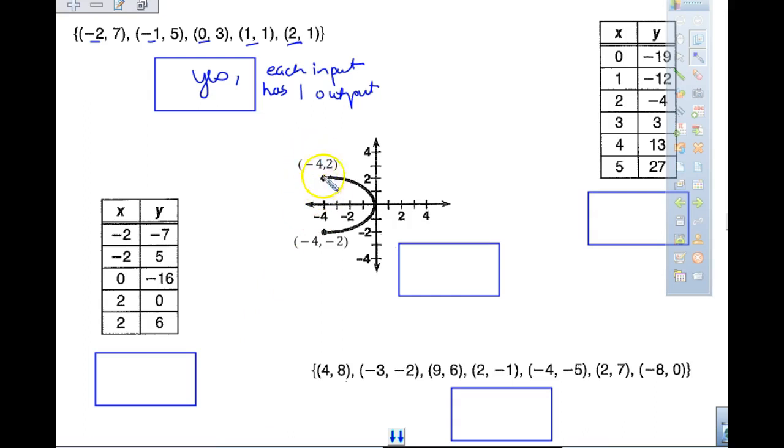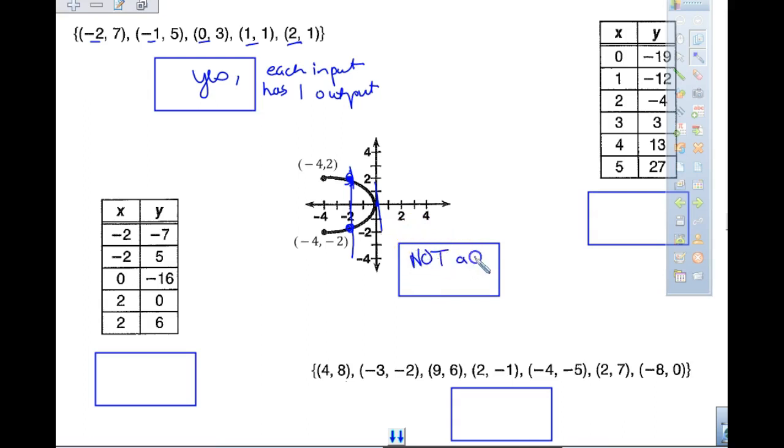And for this one, think if you draw a vertical line, will it pass the vertical line test? If I draw a vertical line right here, it only goes through one point. What happens if I draw a vertical line at -2? How many points does it go through? 2 points. That means -2 has 2 outputs. Is this a function?